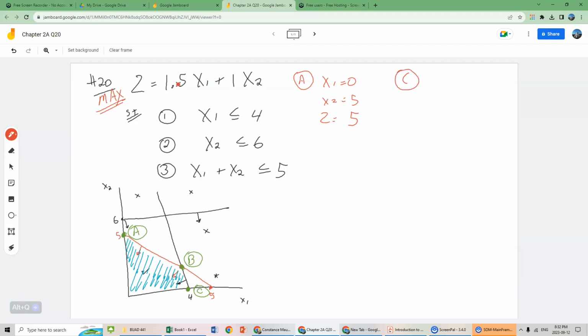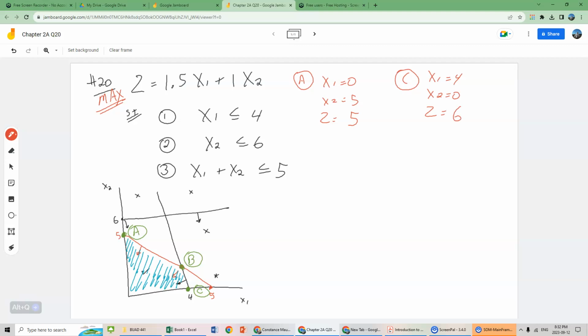At point C, we know that x1 equals 4 and x2 equals 0. So z here would be 1.5 times 4 plus 1 times 0. So 1.5 times 4 is 6. So point C is better than point A if we're trying to maximize profits.